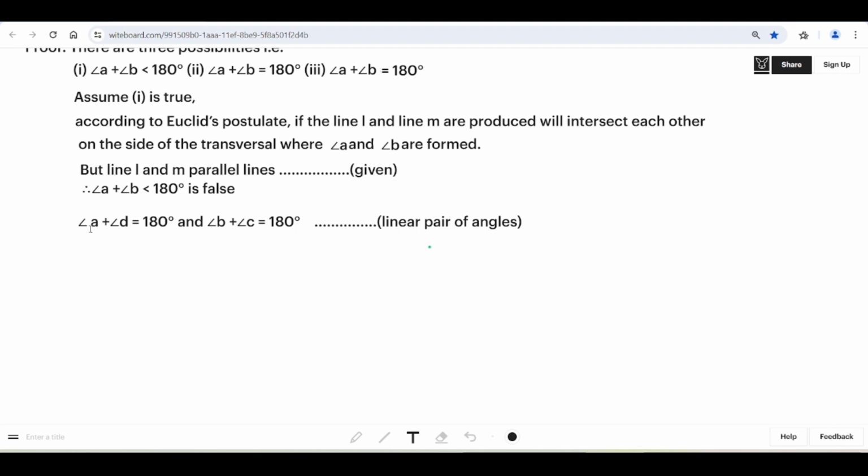Now if we add these two equations, we get angle A plus angle D plus angle B plus angle C is equal to 360 degrees.